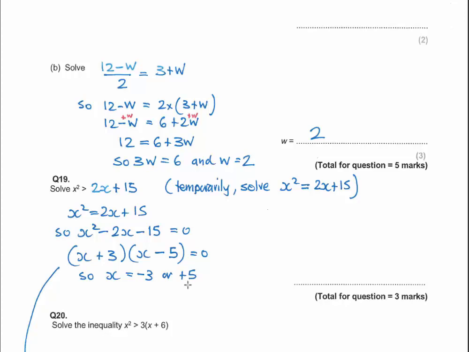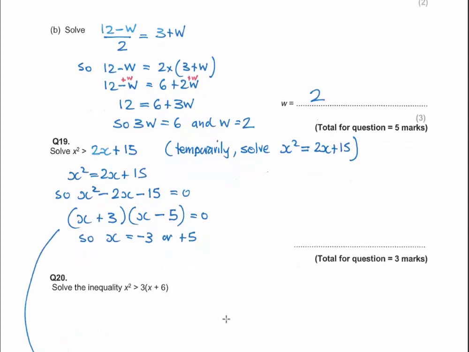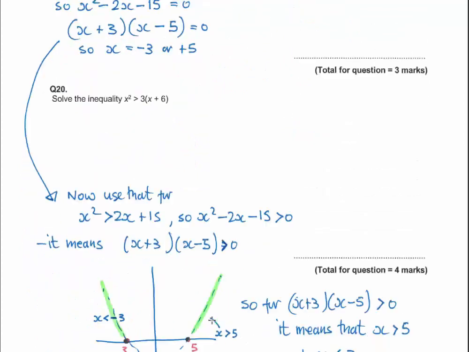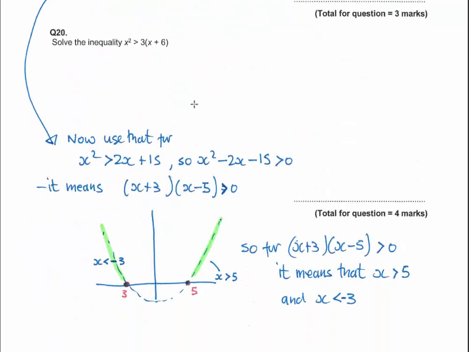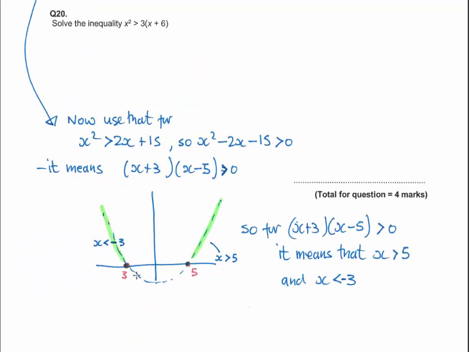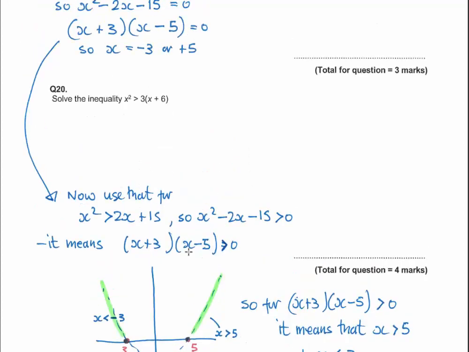Now, that's the solution if it was equal to 0, but what must the values be if it's more than 0? I use this solution to help me, because these values of minus 3 and 5 would be where this graph would cut the x-axis. The first value is 5, and the second value is minus 3.